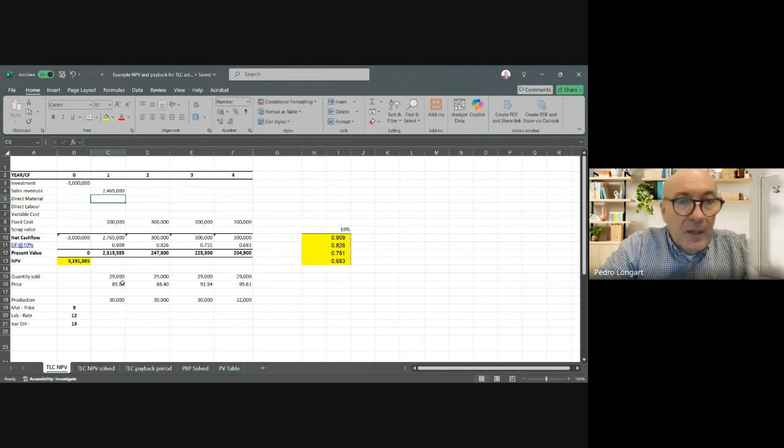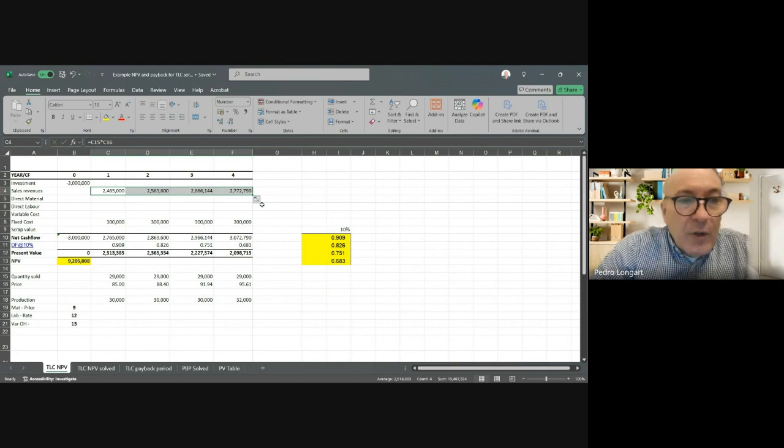And that gives me this value here. So because it's going to be the same, this multiplied by this, I simply drag and it's going to give me all the values that I need, right?